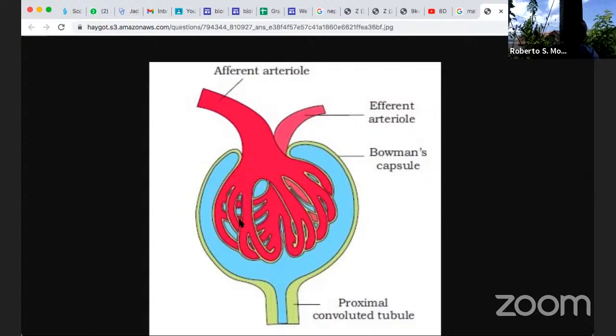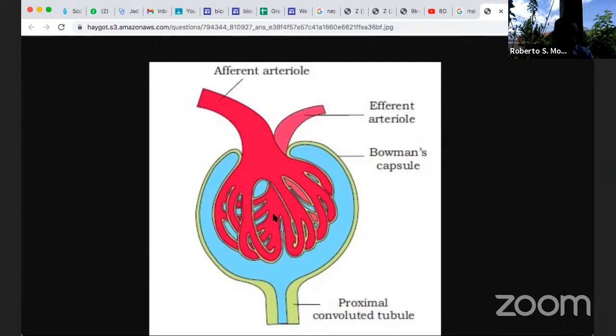So you see, this is a blood vessel, the glomerulus. And blood vessels have a layer that surrounds them and contains the blood inside. It means some things can go out, some things will still be trapped inside. What happens here in the glomerulus is filtration, right?